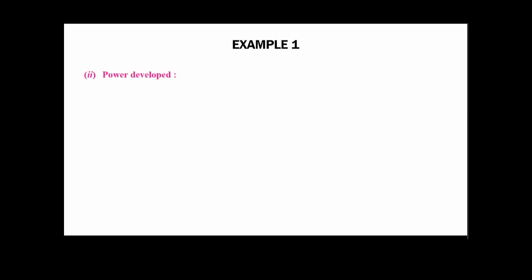Okay, so next is the power developed by the runner. Power developed by the runner can be calculated using this equation, and if you watched my previous video, you know where this equation came from. It's rho Q VW1 U1.